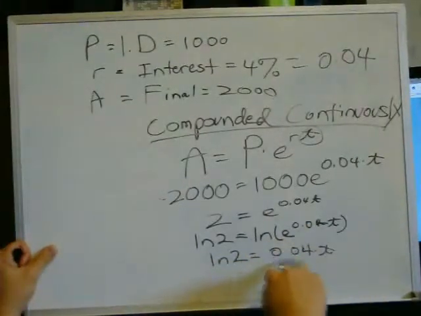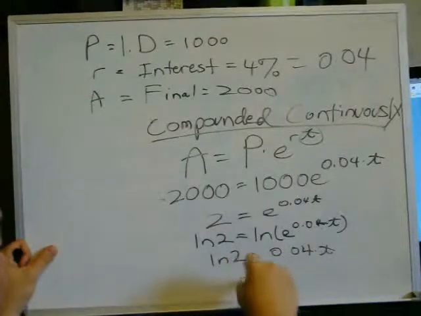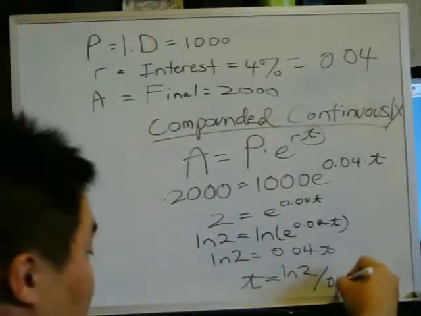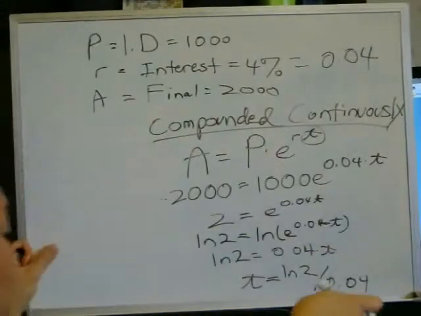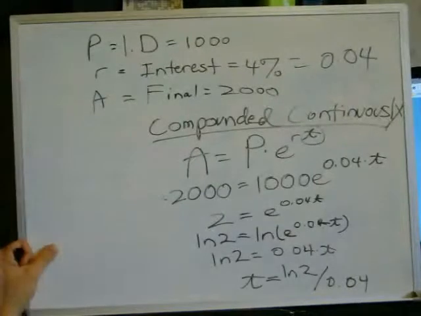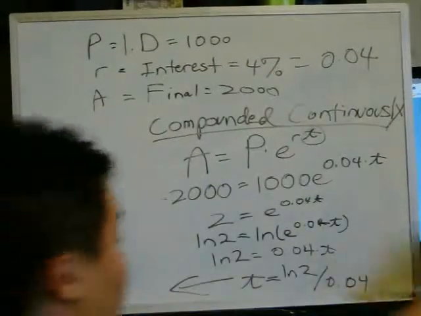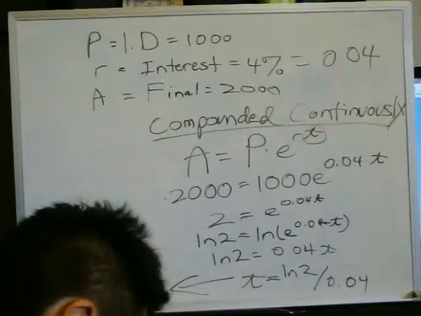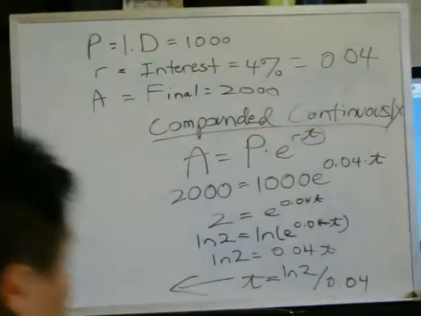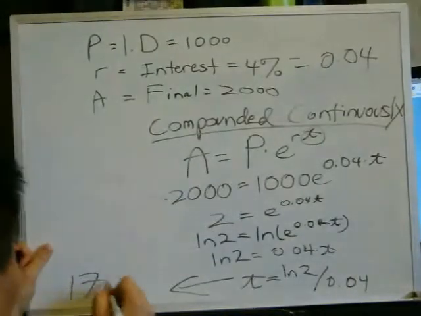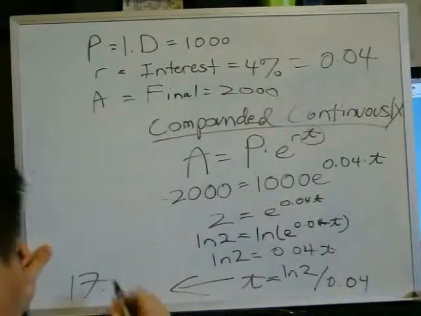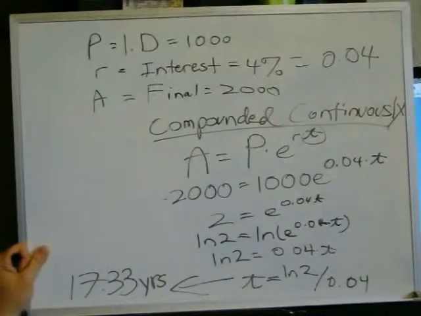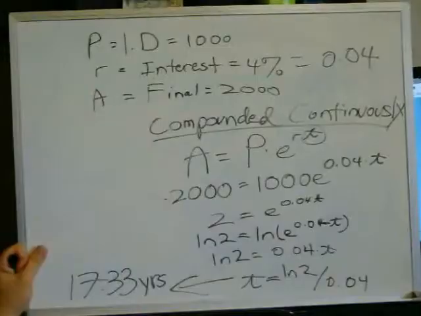Divide 0.04 on both sides, so t equals ln of 2 divided by 0.04. Plug into the calculator, and it should take you 17.33 years, just about, to get from 1,000 to 2,000 at 4%.